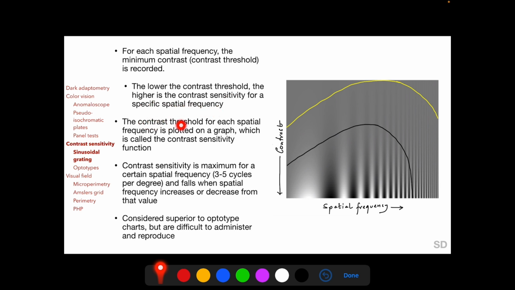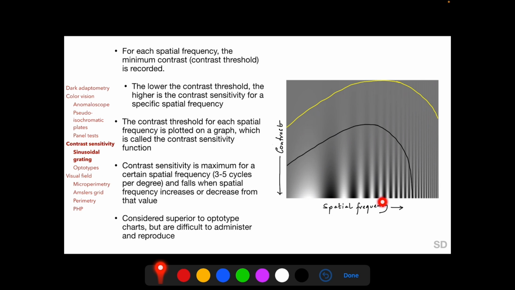And the contrast threshold for each spatial frequency is plotted and is called the contrast sensitivity function. Contrast sensitivity is maximum for a certain spatial frequency at around 3 to 5 cycles per degree and falls when the spatial frequency either increases or decreases from that value.